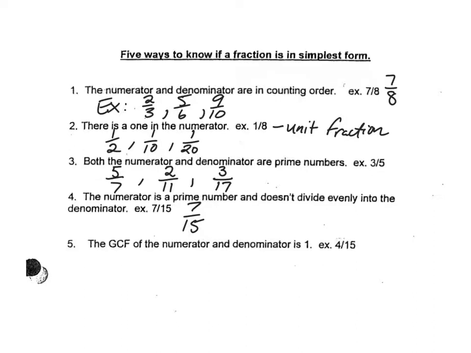Let's find another one: 5/16. Okay, 5 is prime. Can 5 go into 16? No, so that falls under that category. Let's do one more: 3/20. 3 is prime. It can't go into 20, so 3/20 could be another example of that.